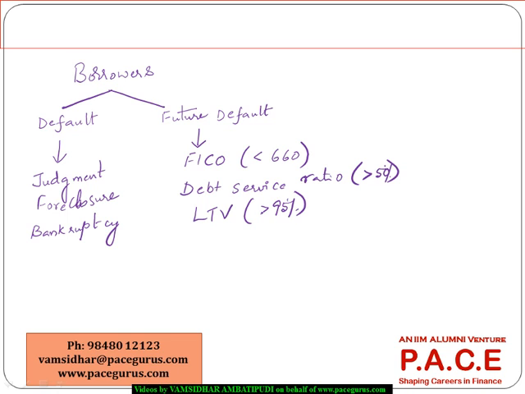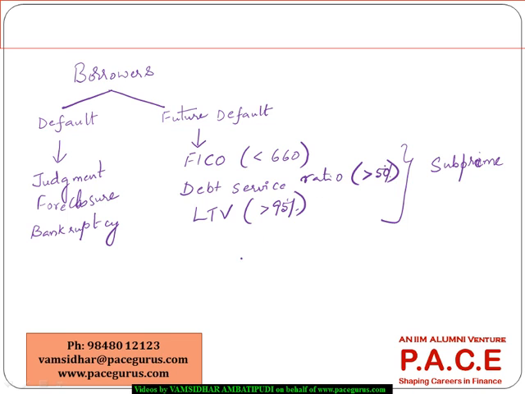All these things get categorized as indicators of future default. So the borrower might very well be put under the subprime category.